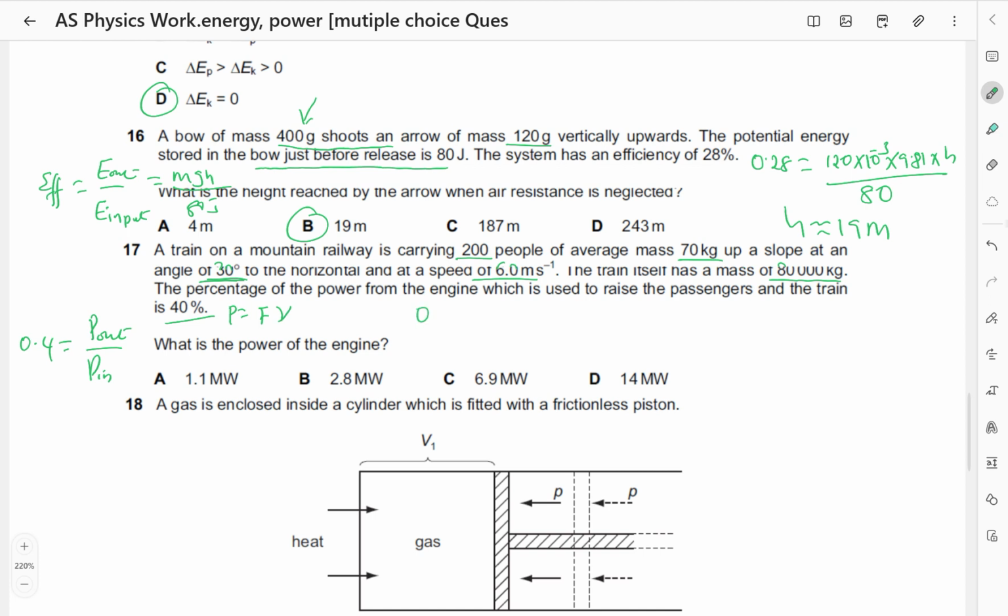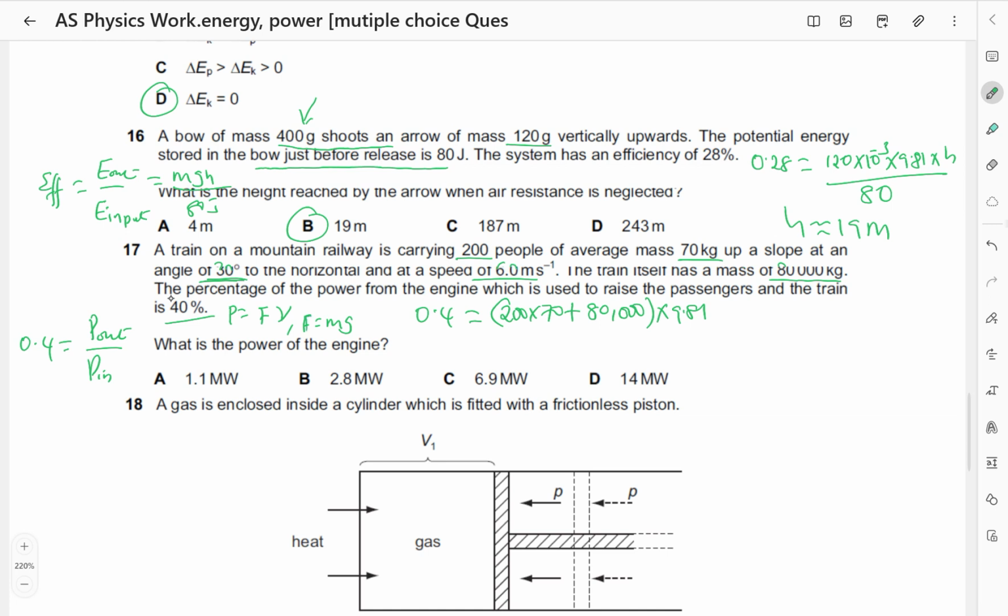So I'll say the efficiency of 0.4 is equal to power output, which will be the force, which is 200 times each person, which is 70, then plus the mass of the train itself, which is 80,000. That is the total mass times g, which is 9.81. I'm using F equals mg.